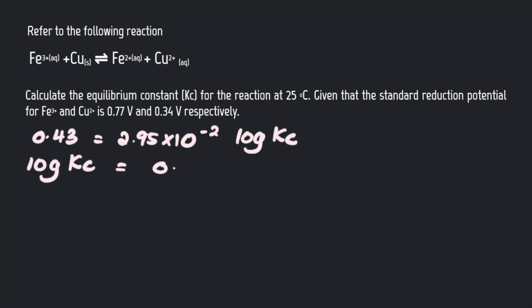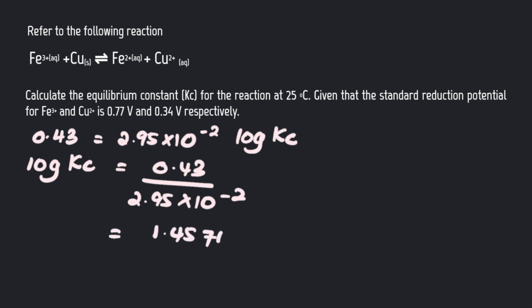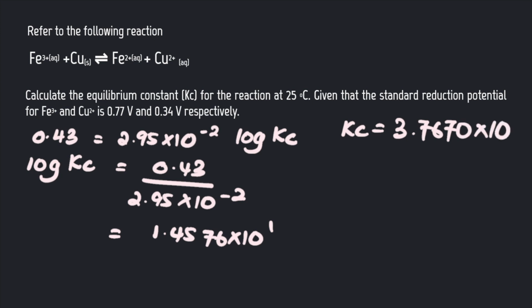So log Kc is equivalent to 0.43 divided by 2.95 times 10 to the power of negative 2. So you will get 1.4576 times 10 to the power of 1. Therefore, your Kc should be equivalent to 3.7670 times 10 to the power of 14. So this is the final answer for your third question.